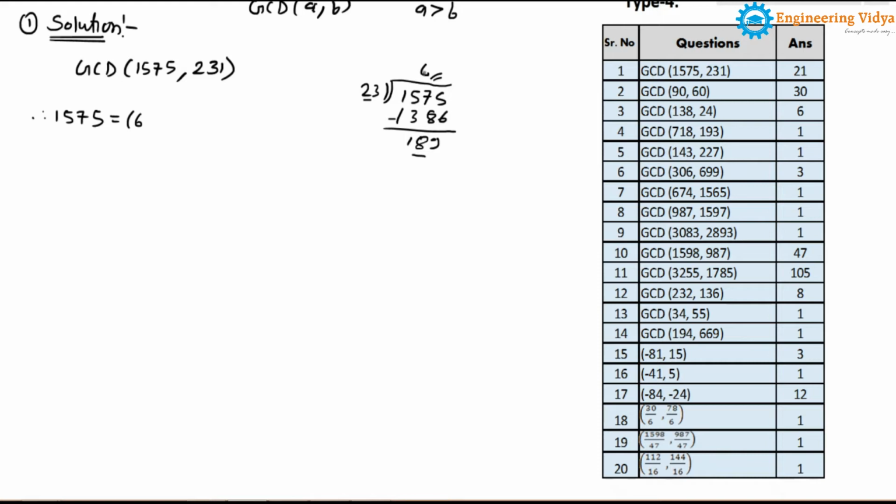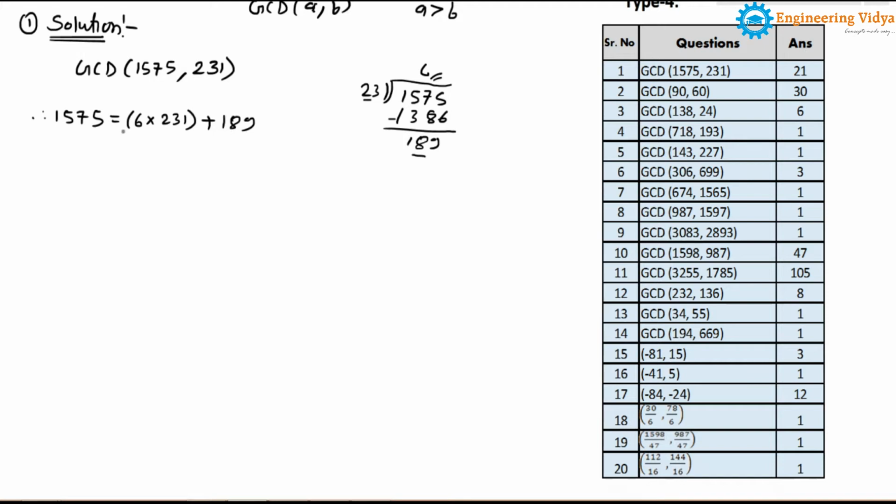So first write the quotient multiplied by the divisor 231, and then addition with 189. So 1575 can be written as 6 into 231 plus 189. If you simplify the right hand side, automatically we will get 1575 only.